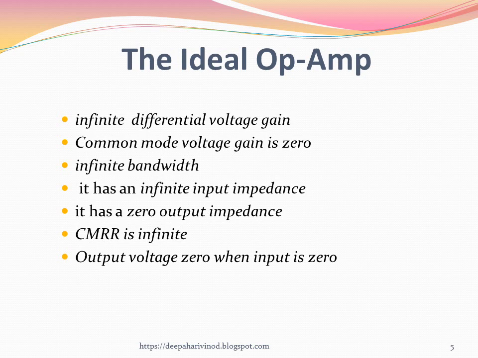We always define electronic items as ideal, and then how they work is the practical case. In the ideal case it has infinite differential voltage gain, common-mode gain of 0, infinite bandwidth, infinite input impedance, 0 output impedance, infinite CMRR, and 0 output voltage when the input is 0. All these things we will discuss one by one.